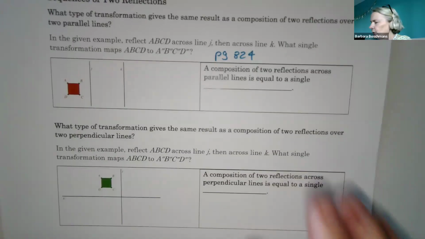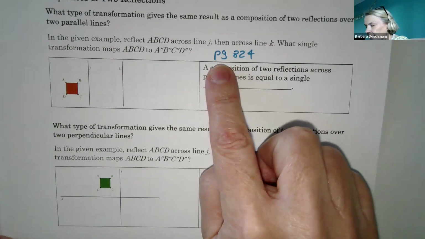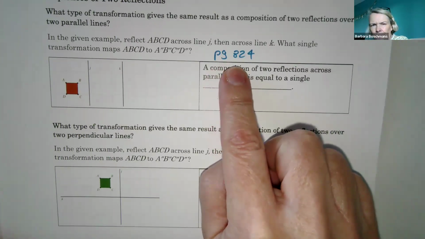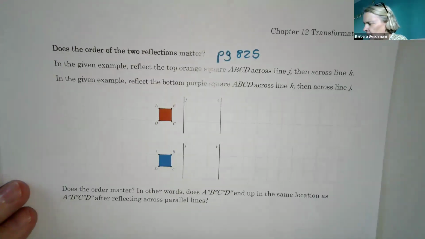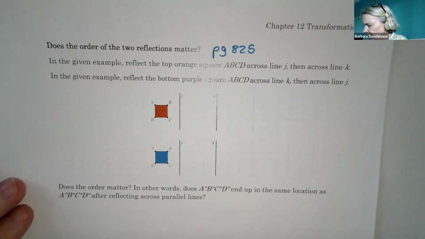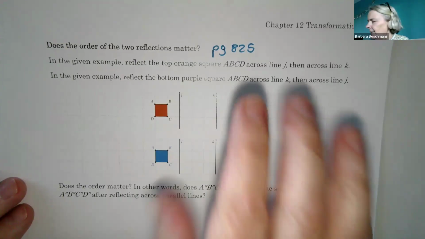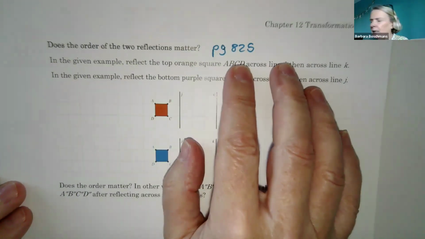For these, I'd like you to look those up in your e-text on page 824. The next page is more combination when you have 2 reflections across parallel lines or perpendicular lines. And this one is in your e-text on page 825. Go ahead and read those to fill them out.